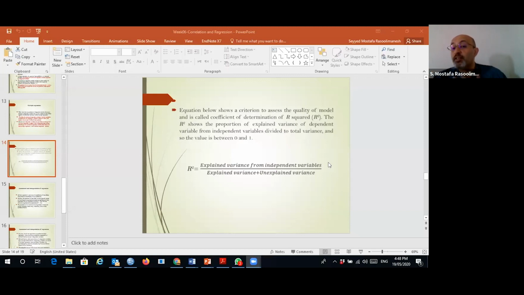R square for behavioral science: when you are working in behavioral science, an R square of 0.2 can also be considered high.